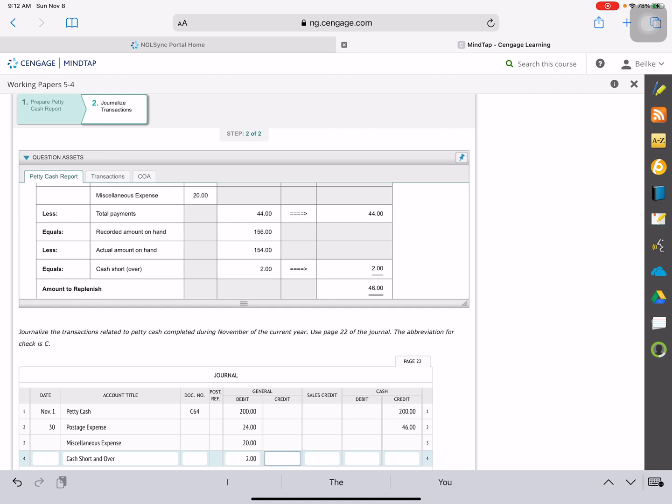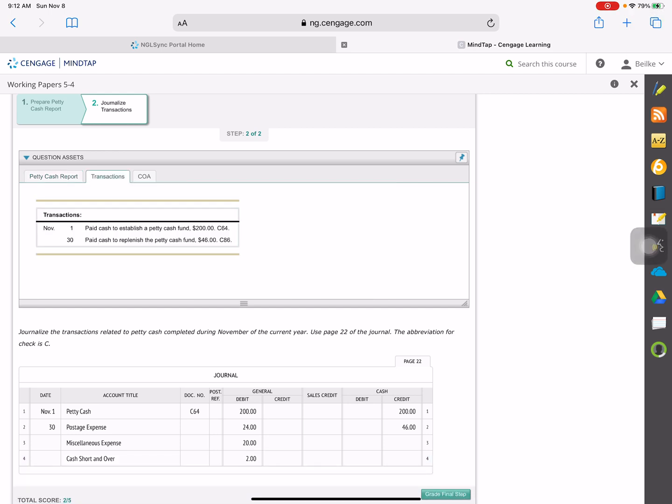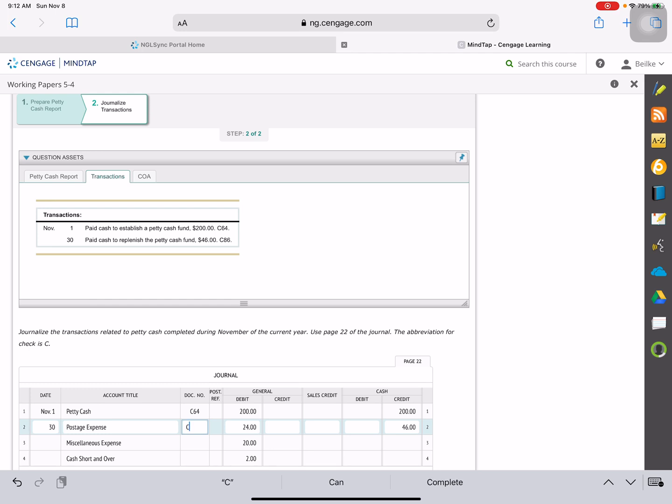And if you look at that, $24 plus 20 plus $2 equals the $46 that we need to go get from the bank. So I'm going to look back at my transaction, and we wrote out check 86.